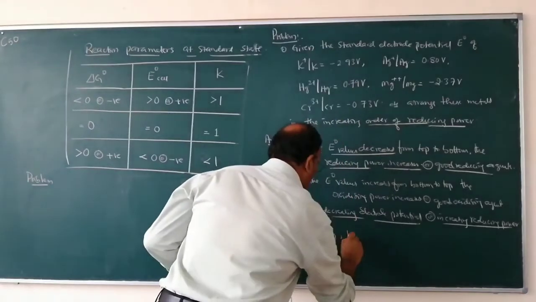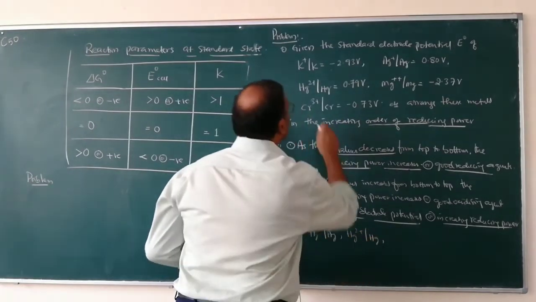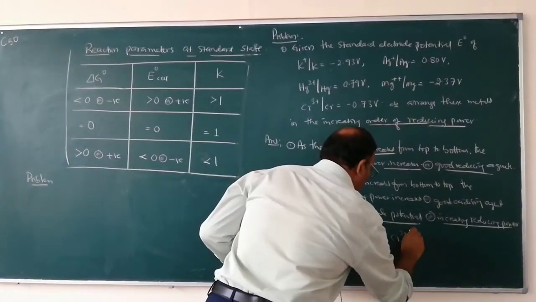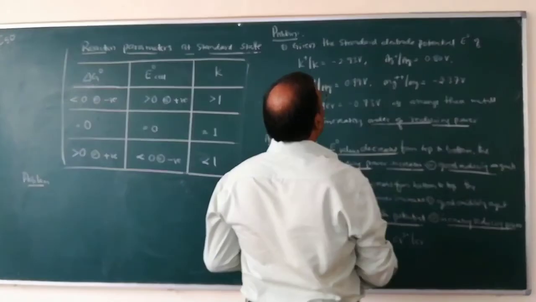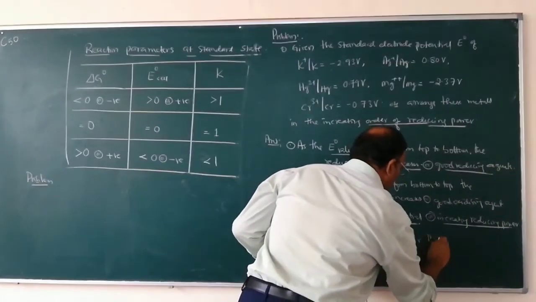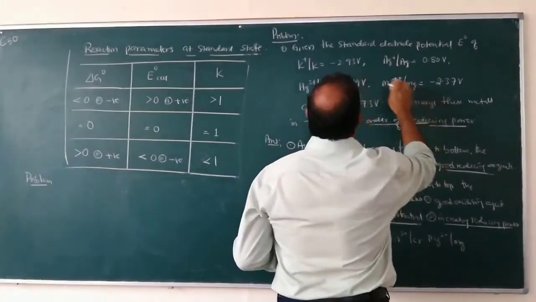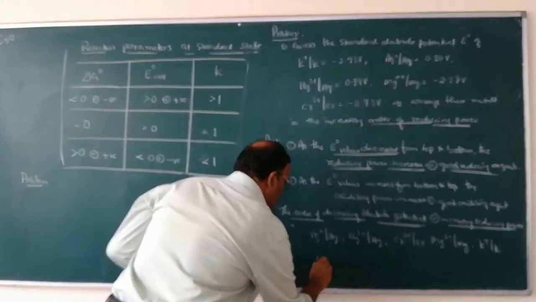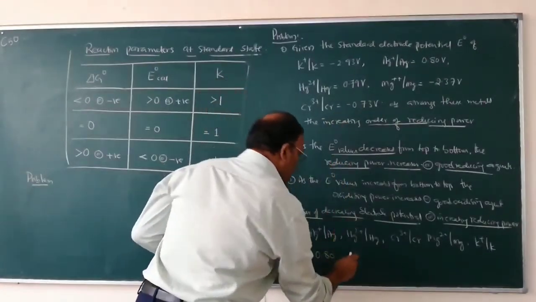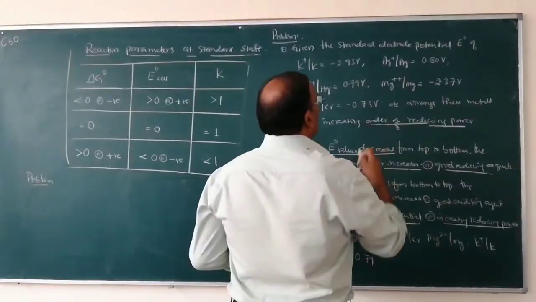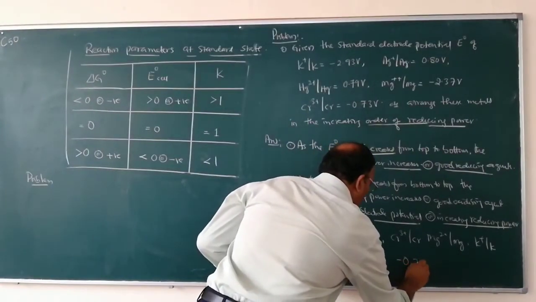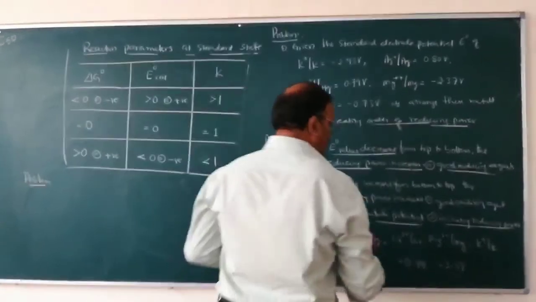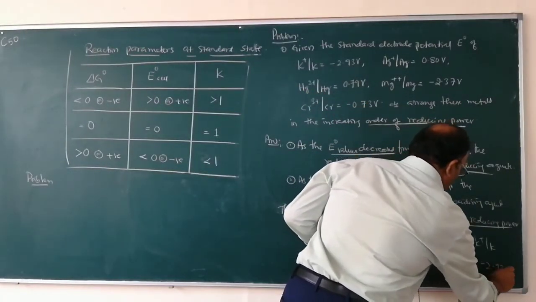Next, second highest is Hg2 plus bar Hg, and then Cr3 plus bar Cr, and then magnesium Mg2 plus bar Mg, and then lastly K plus bar K. Ag is 0.80 and this one is 0.79, and next chromium is minus 0.73, and then magnesium is minus 2.37, and finally potassium is minus 2.93.